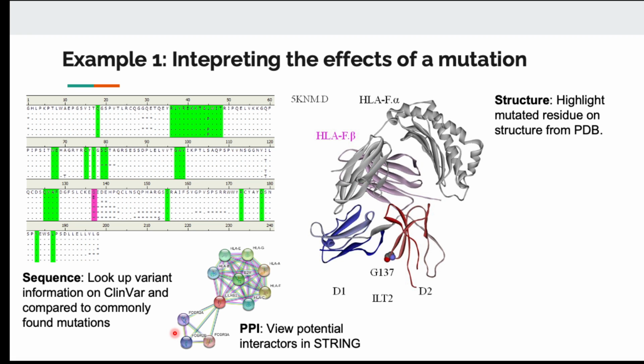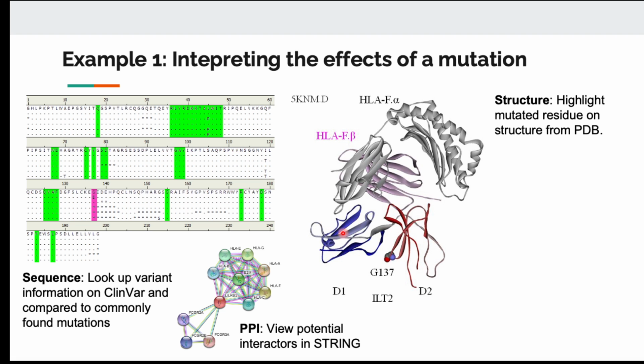And once we know the 3D structure of the protein with the mutation, we can ask a more detailed question. Where is the mutation on the 3D structure? Sometimes you can find the 3D structure of proteins that are in complex or in interaction with other compounds, with other proteins. So you can even ask if the mutation will affect the binding between these two proteins. But in this case, the mutation is on the other side of this protein.